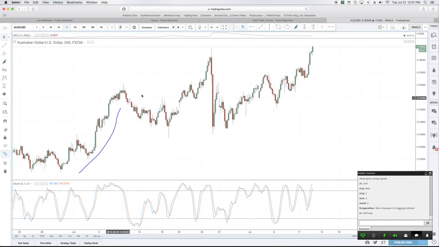Now, once you see this pullback happen, what's the speed of the pullback? What's this first one here? How does that look? Strong, weak, sharp. Okay. Following that, 600 kilometer speed. And then following that, what's the pullback ratio?